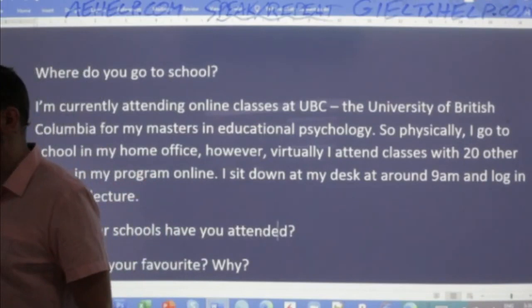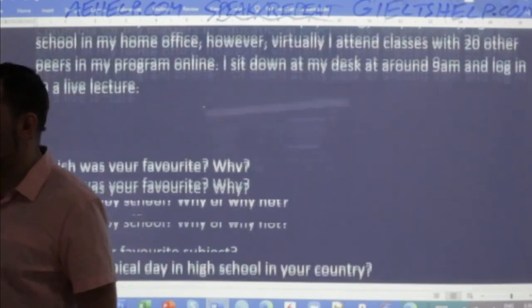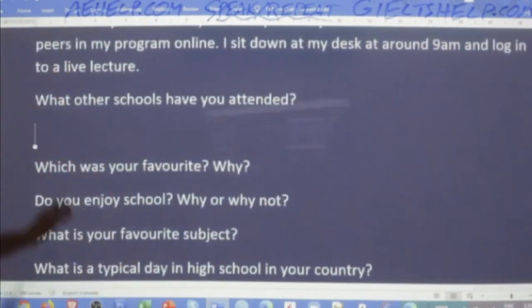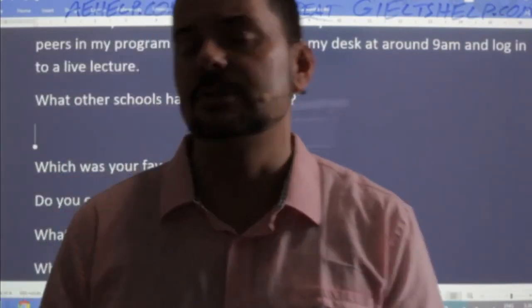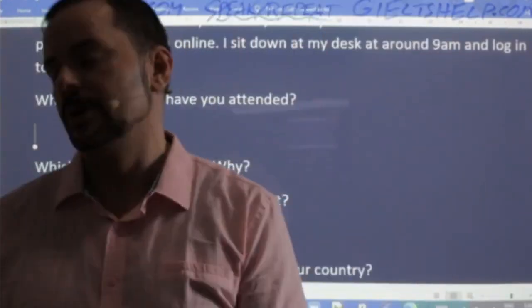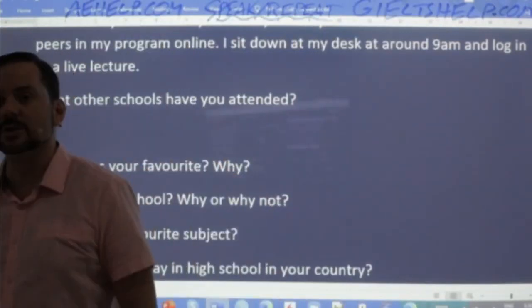Here we go. Now we're looking at past tense. What other grammar are we looking for here? So now the examiner says, what other schools have you attended? What's the grammar that the examiner is looking for here in your response?